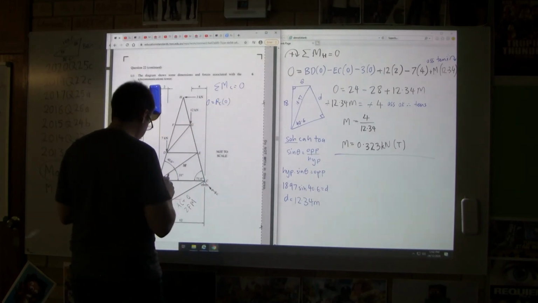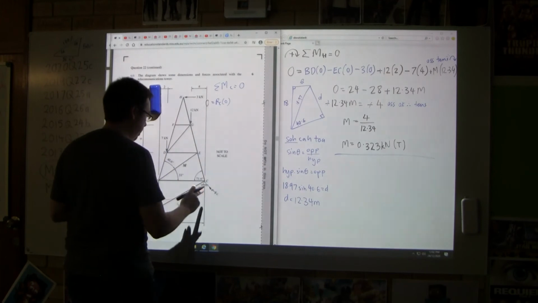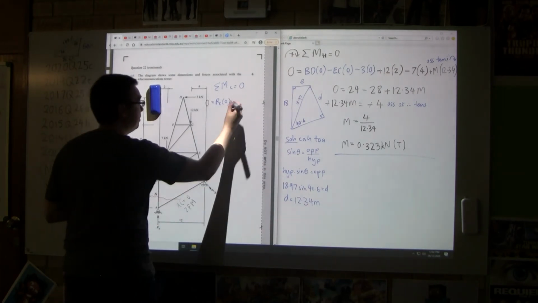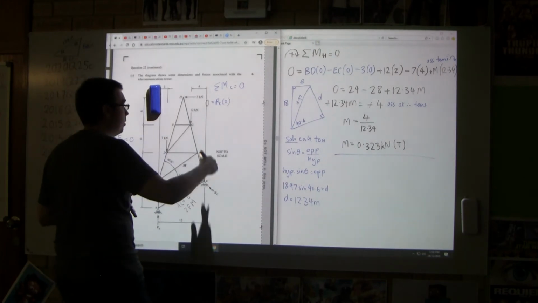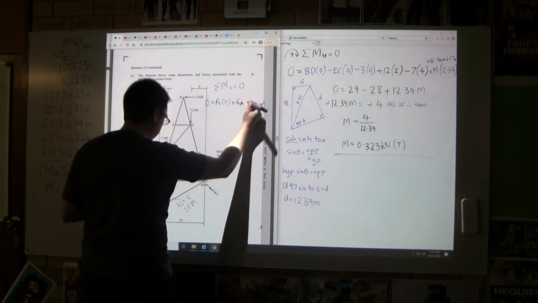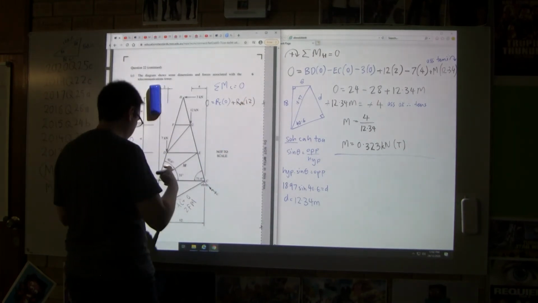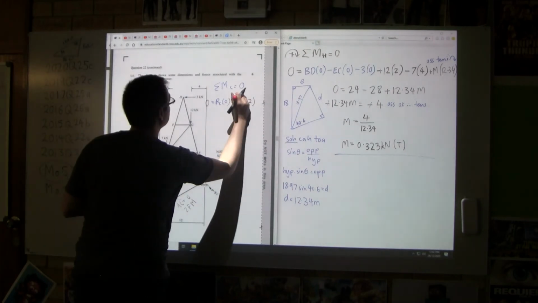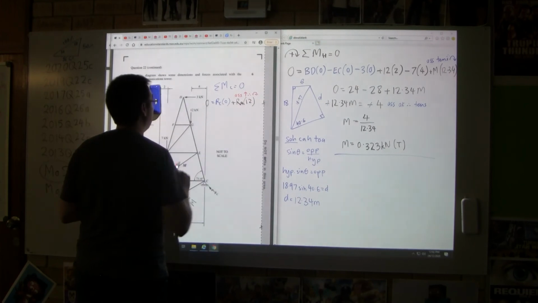You don't need to write that. What do we need to write? Okay, we have RA. Now I'm making an assumption that RA is going up. If RA is going up, it's going to be clockwise. RA up, and its distance is 12 meters away. Okay, I can write the bit about assume up.